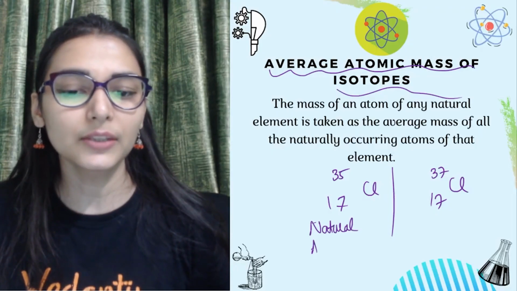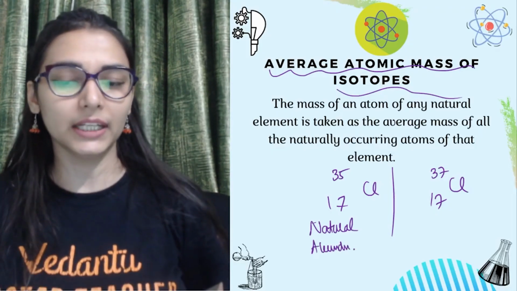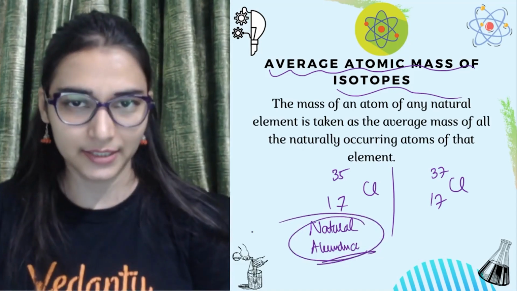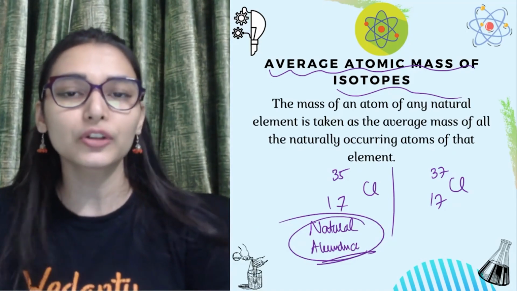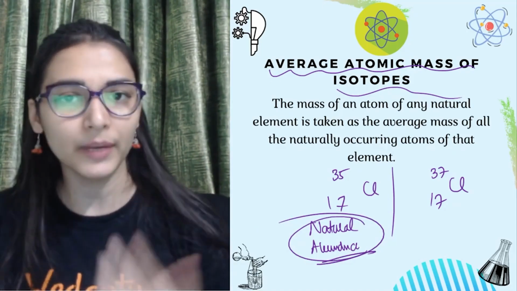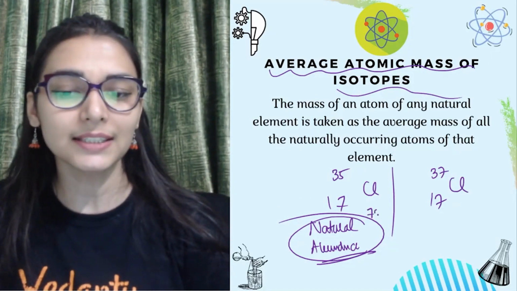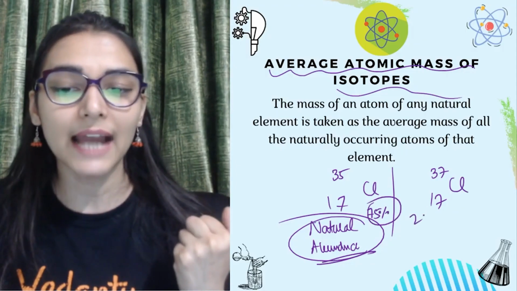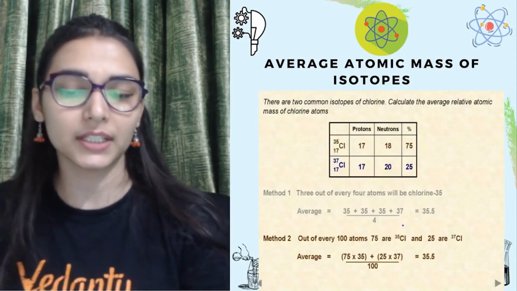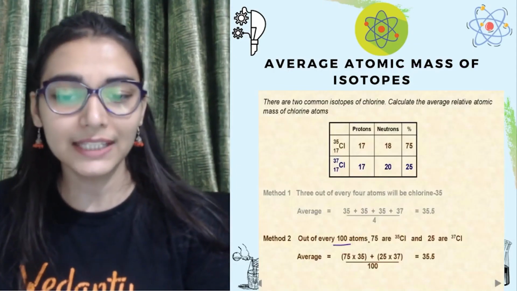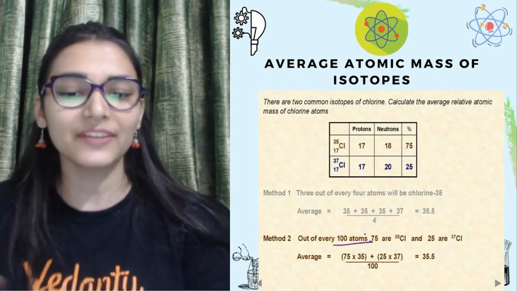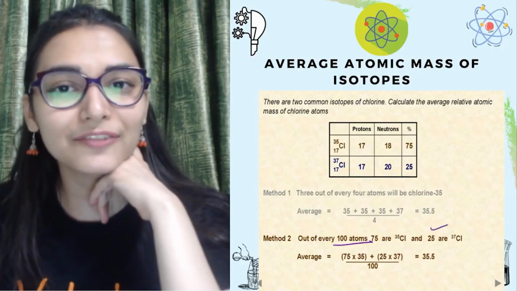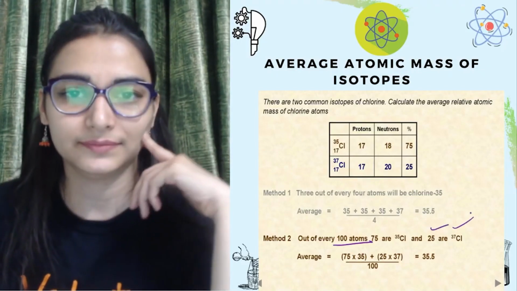We have to see the percentage of every element in nature. कि in nature in what percentage it is actually existing. जैसे कि I am talking about chlorine 35, that is experimentally determined. This exists in 75% in nature. Chlorine 37 के atoms exist in 25%. मतलब out of every 100 atoms, 75 atoms are of chlorine 35 and 25 are of chlorine 37.